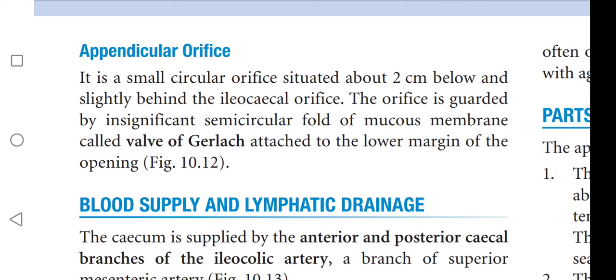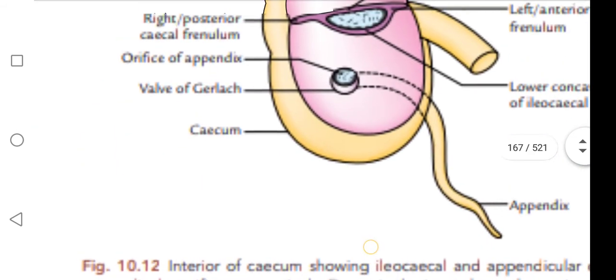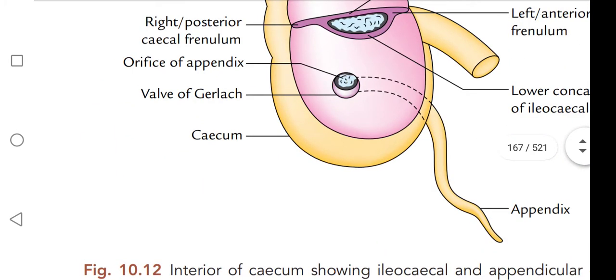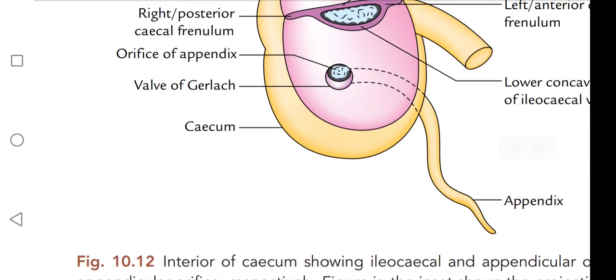The orifice is guarded by an insignificant semicircular fold of mucous membrane called the valve of Gerlach, attached to the lower margin of the opening.